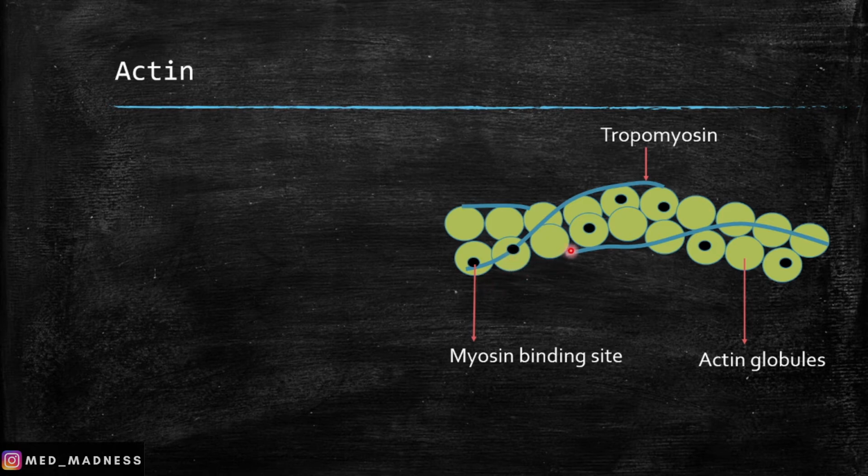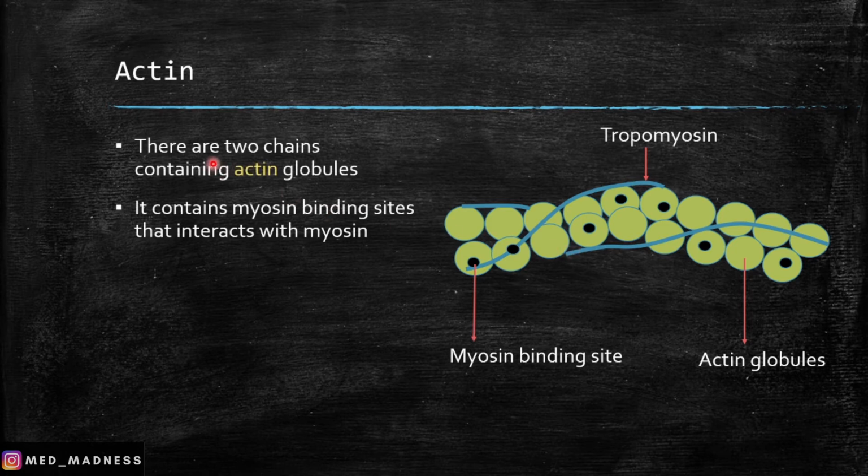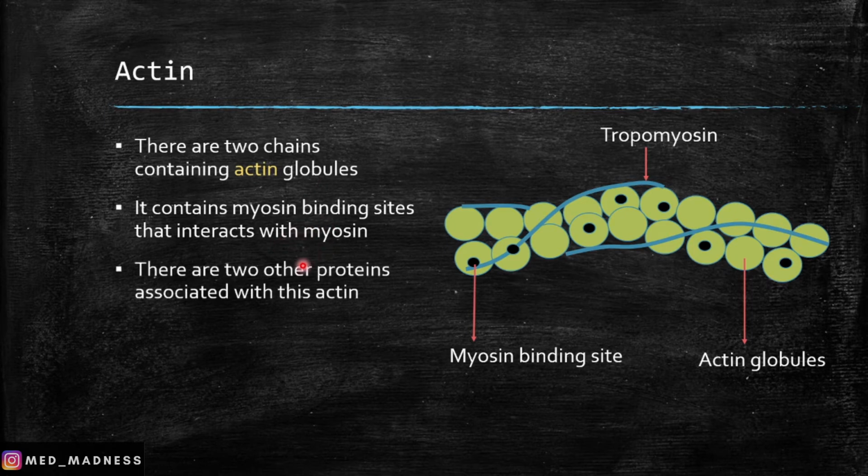Let's see the text. There are two chains containing actin globules, and it contains myosin binding sites that interact with myosin. There are two other proteins associated with this actin. Number one is tropomyosin, the other is troponin. We'll discuss tropomyosin and troponin.